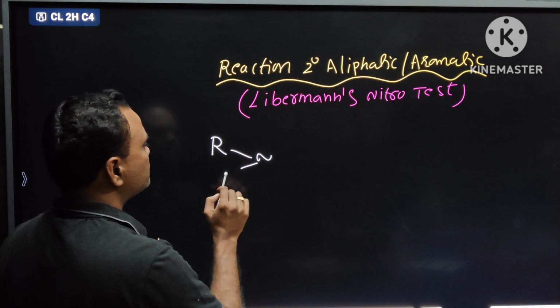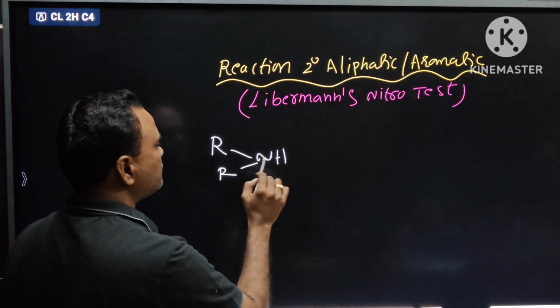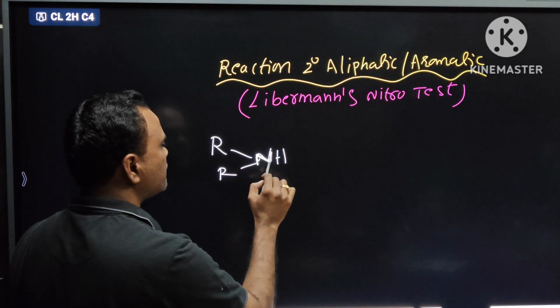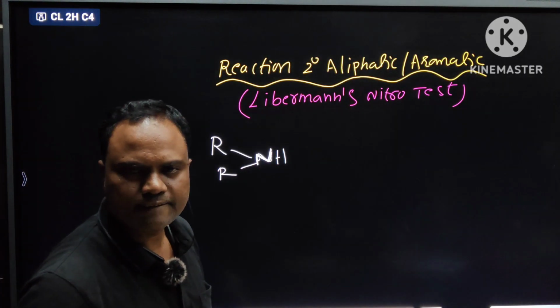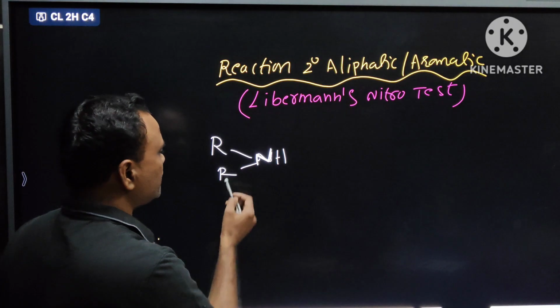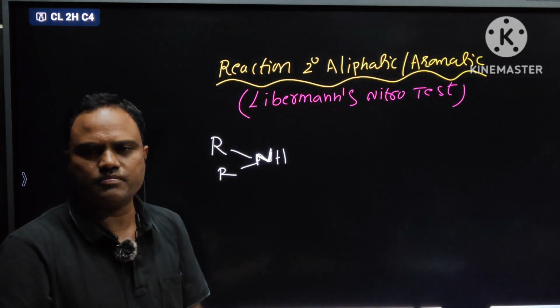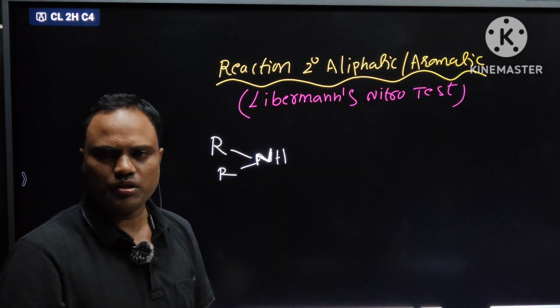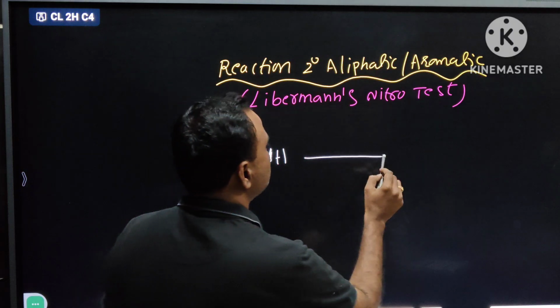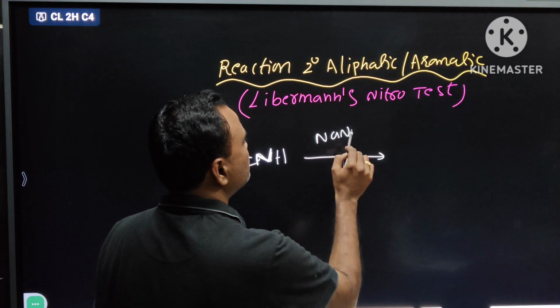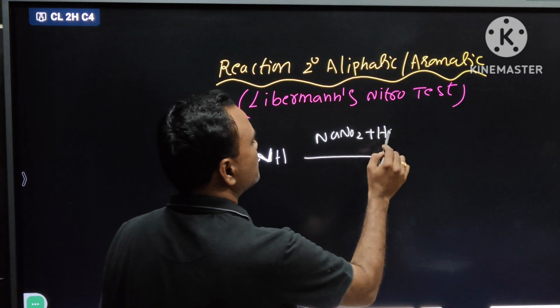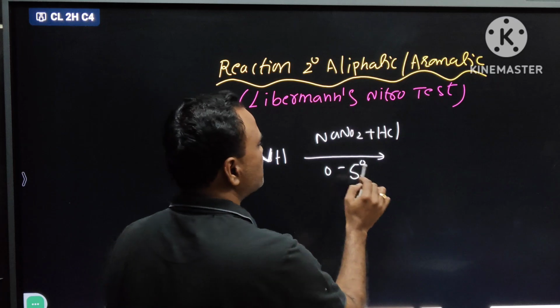You tell me, this is which amine? First point, secondary. Aliphatic or aromatic? Aliphatic. You can take, in case of R-NH-benzene, that is aromatic. It is treated with NaNO2 plus HCl at 0 to 5 degrees centigrade.